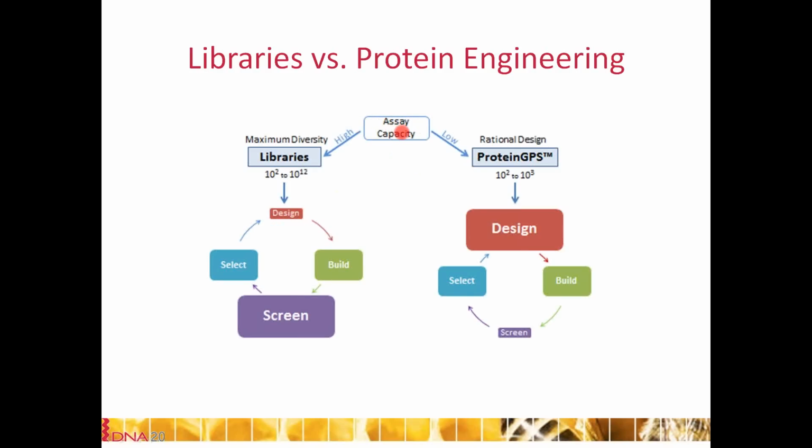So the more efficient your assay setup is, the more relevant it is to work through libraries, versus if you have a low throughput capacity assay or a very costly assay, you have a much bigger advantage going down the ProteinGPS path.